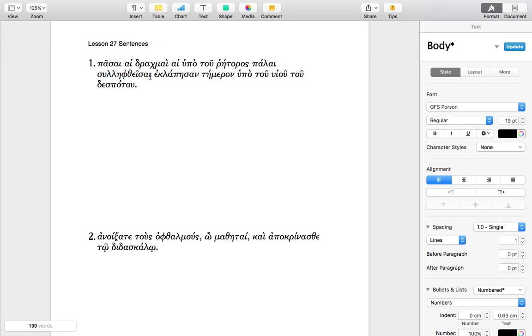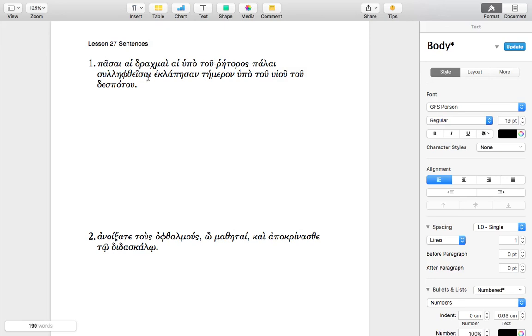So how do we translate it? So all the drachmas, which roughly being seized long ago. Here's our adverb long ago, modifying a participle here. Adverbs modify verbs or participles. So all the drachmas seized long ago by the speaker.